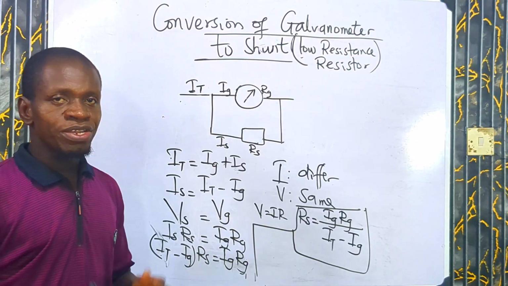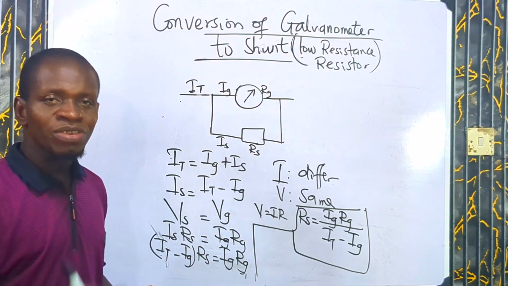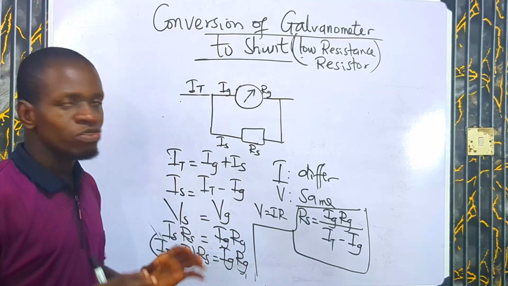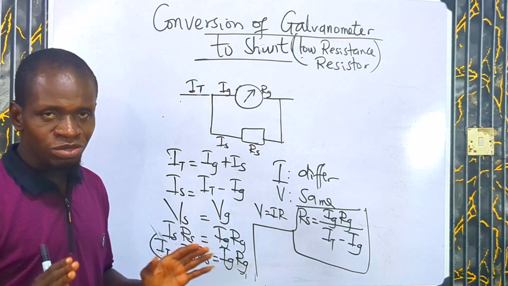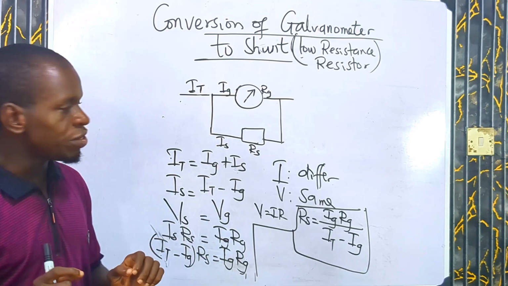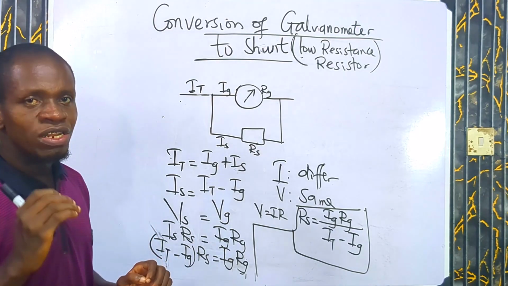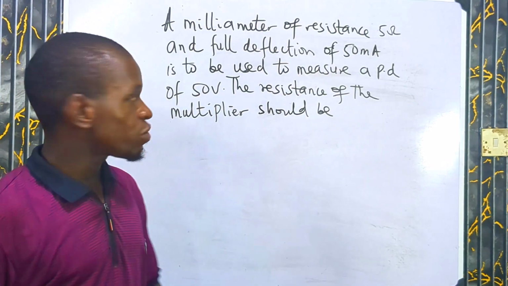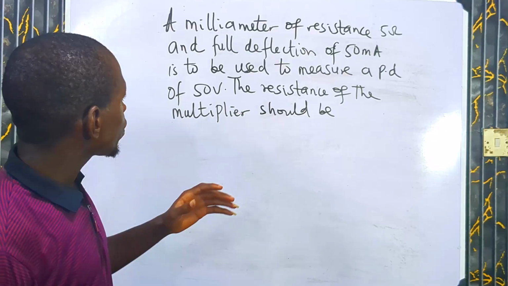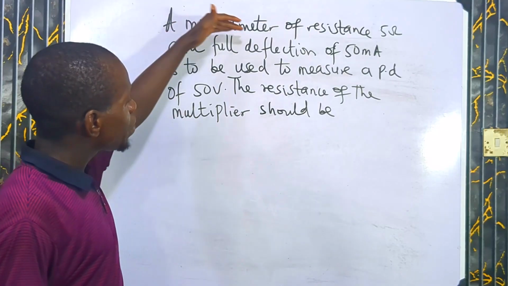Now I'm going to bring us questions and let us see how to solve these questions under shunt and multiplier. It is very simple and not difficult at all. The only thing you need to do is, when I present this question, you just listen carefully. Let's consider this question that is presented to us. Now we have the question that says a milliammeter.